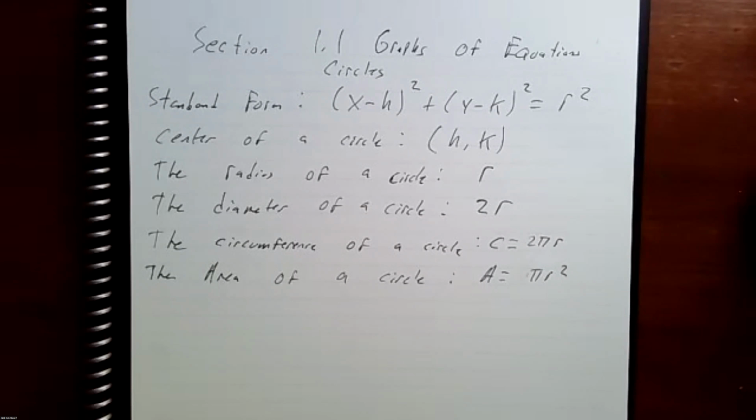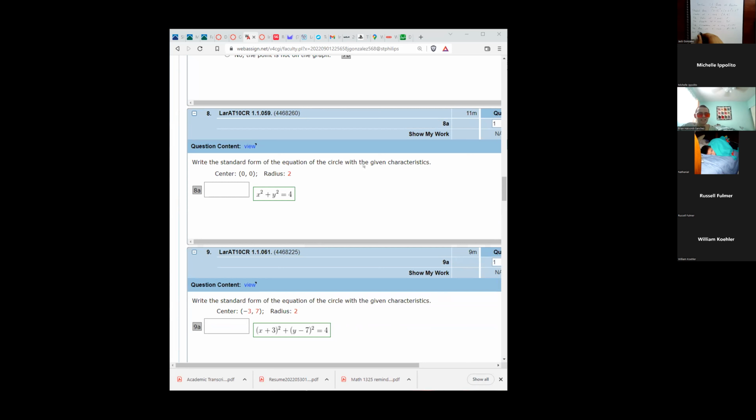If you watch the notes or the videos, you should have all these anyway. Then you should understand them. Okay, number 8. Write the equation of a circle in standard form. Write down example 1, problem 8. So I'm going to shorten this up a little bit.